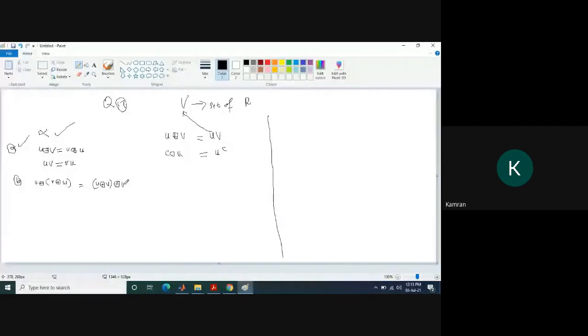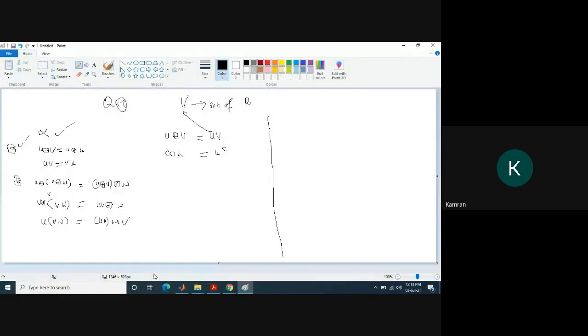So now u plus (v plus w), by definition v plus w will be equal to vw, and now u plus vw will be equal to u into vw. And from here, u plus v will be equal to uv, and plus w. By definition, uv plus w will be equal to uv into w. So the associative property is satisfied.